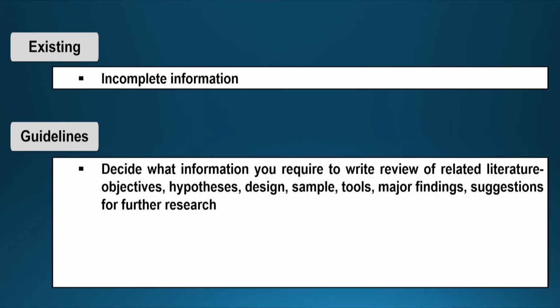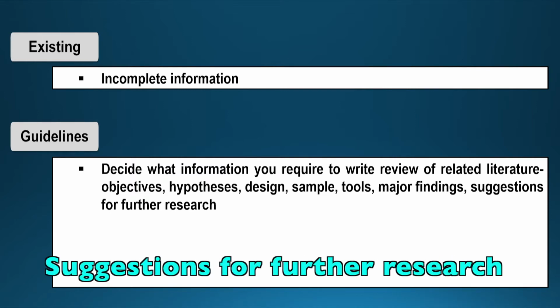So as I said, objectives, hypothesis, design, sample, tools, major findings, suggestions for further research. Maybe you try to say that for all sources of information which are tapped and all relevant studies which are studied, you will try to abstract the information related to all these aspects.